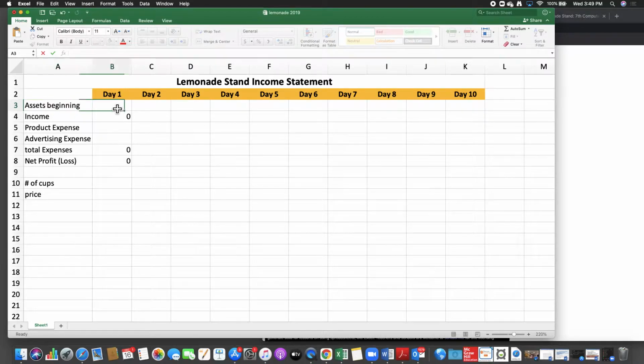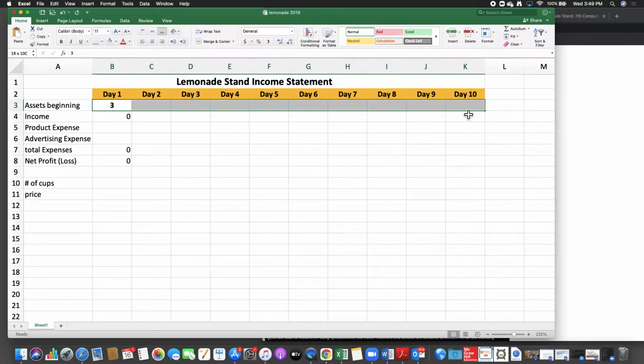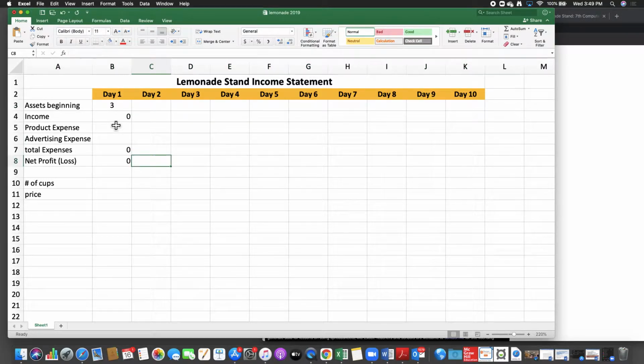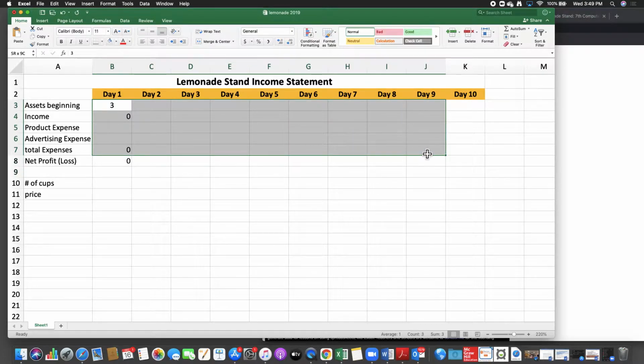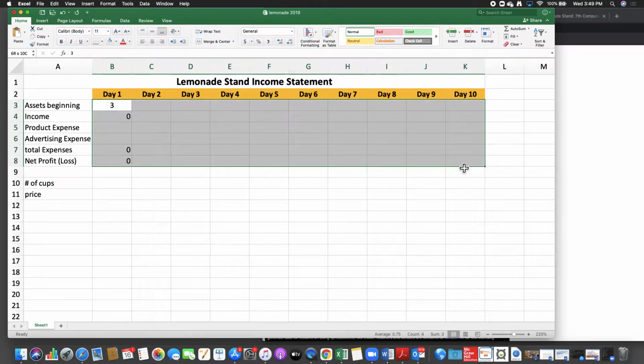Okay. So the first day for our assets, we have $3. That's just money that's been given to us. So I'm just going to type 3. And as I do that, I realize that it's also bolded those, so I'm going to select those again and unbold them. But I'm going to select all of these numbers here, and I'm going to go back and do my price here.